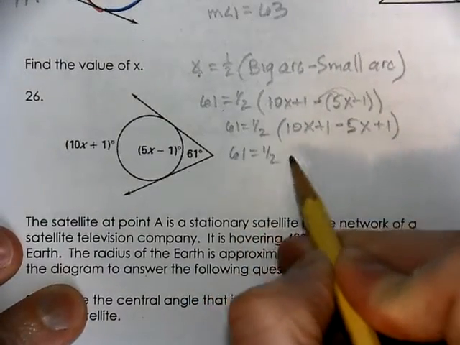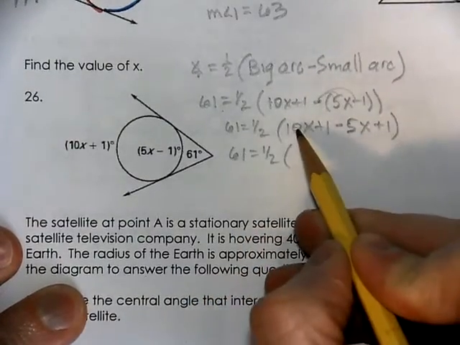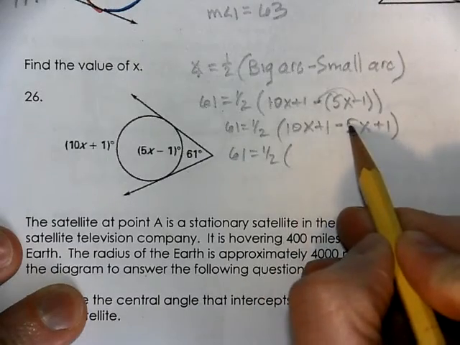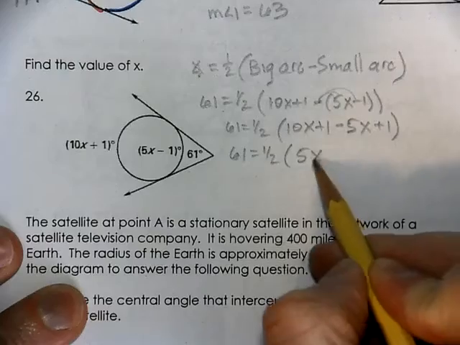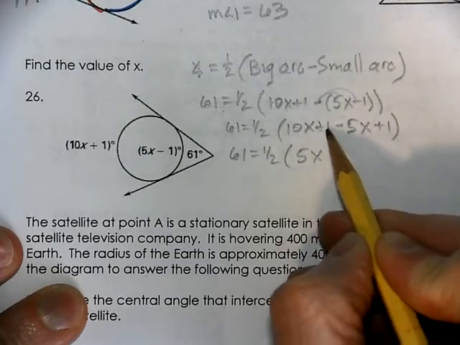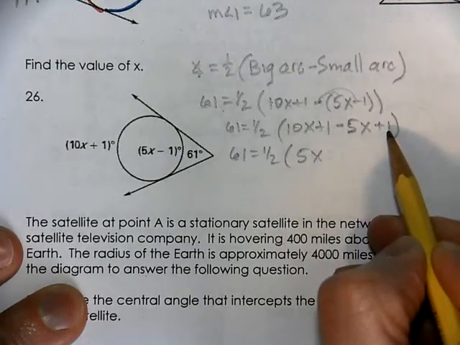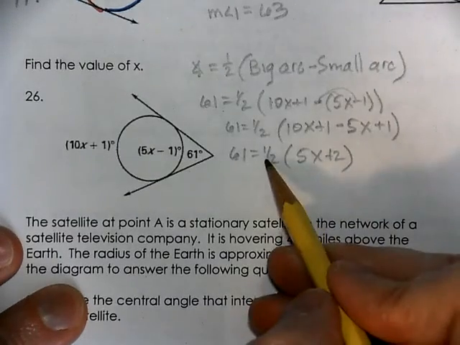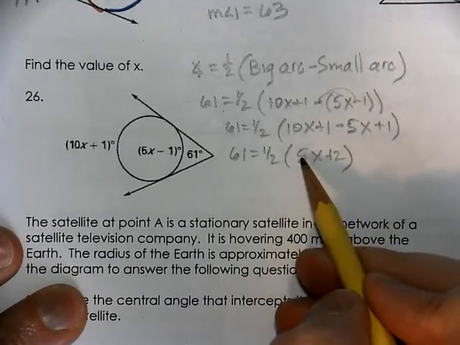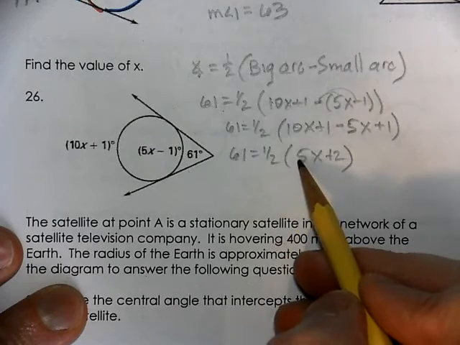Now we can collect our like terms, and we know that 10x minus 5x gives you 5x. A positive 1 and a positive 1 gives you a positive 2. Again, I don't want to take half of 5x because that gives me a decimal.